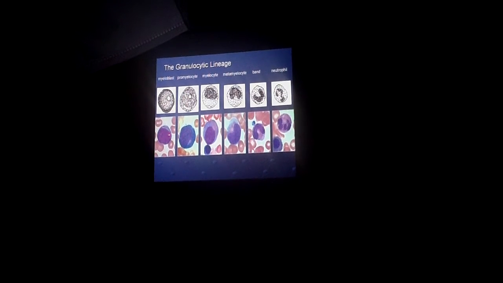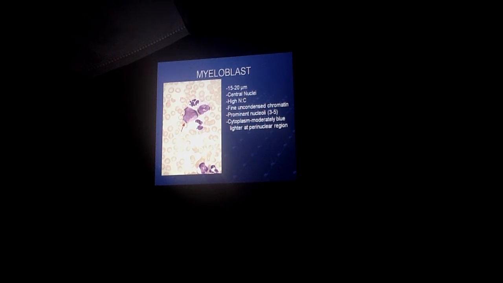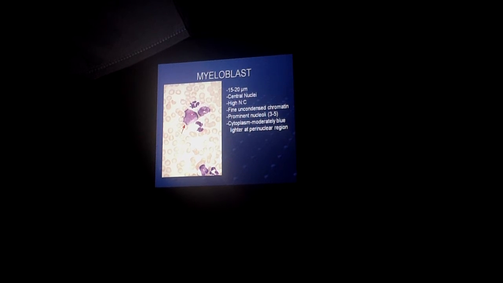So, in the textbook, that characteristic pattern of chromatin is called fine chromatin pattern, or fine or uncondensed chromatin, and then unlike the other cells in our body, the nucleoli of the blast cells will appear lighter than the other types of nucleoli.